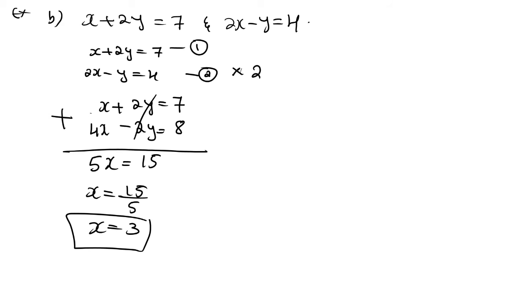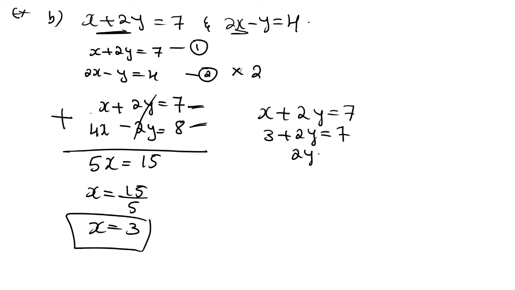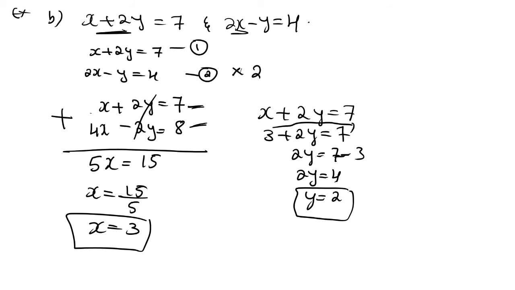Now substitute in any one of the equations. We have x plus 2y equal to 7. You can substitute in the other equation also and you will get the same answer, but it's easy to substitute in the given one. So consider x plus 2y equal to 7, 3 plus 2y equal to 7, take this 3 to the RHS, minus 3. 2y equal to 4, y value equal to 4 by 2, equal to 2.